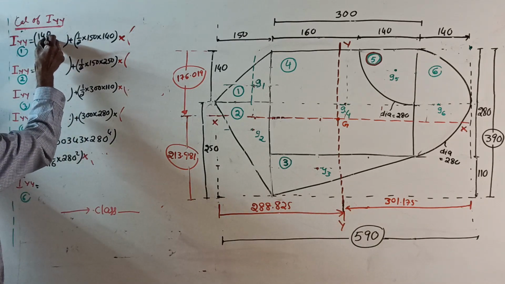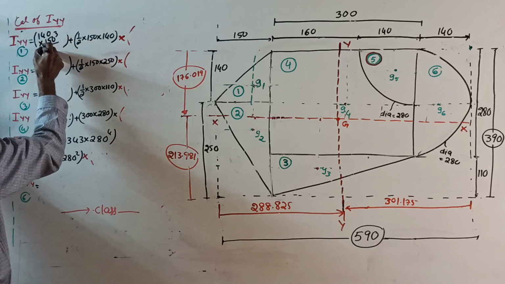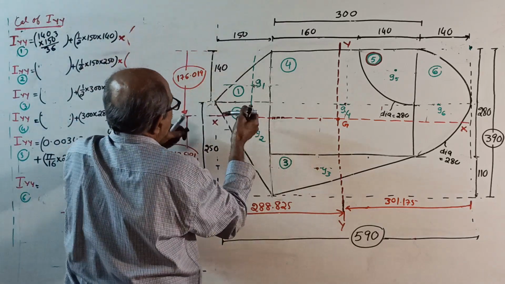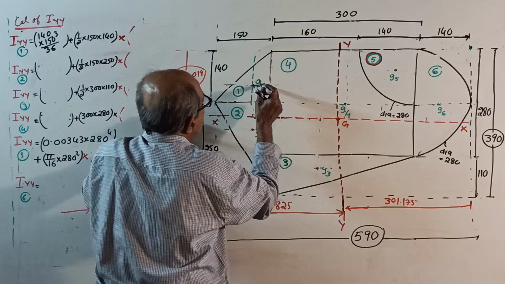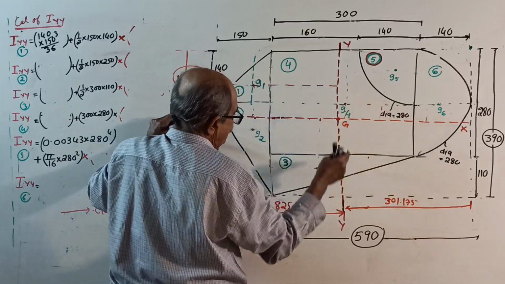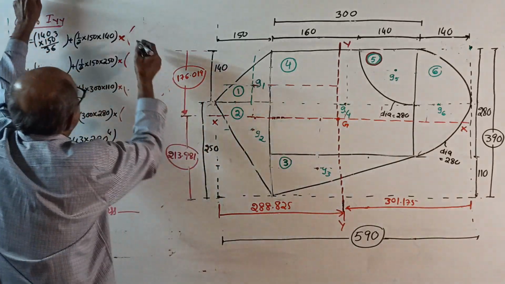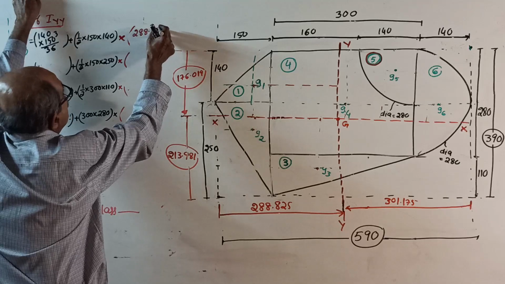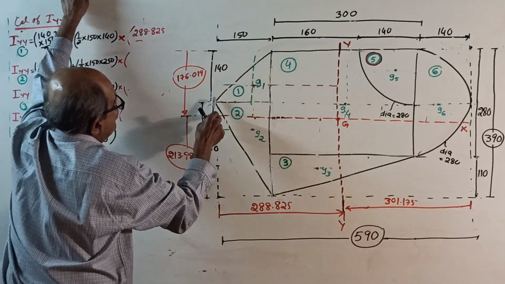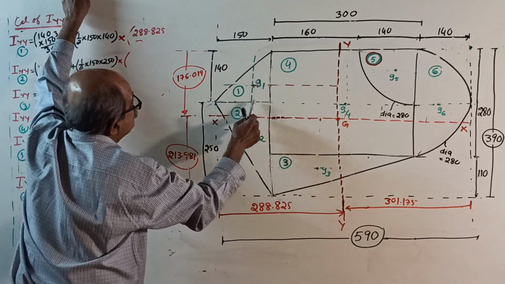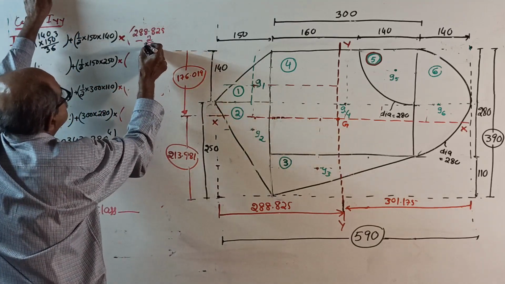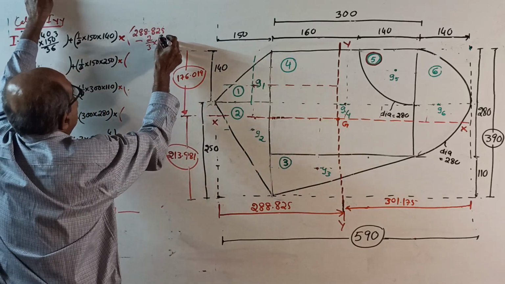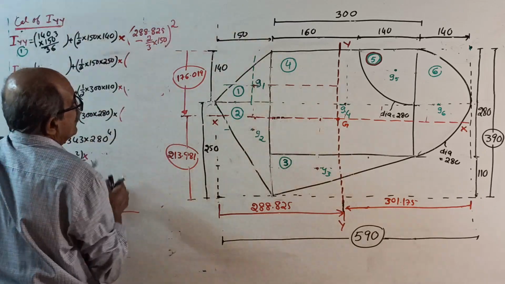Space is not there. 150 cube by 36, plus area into, from centroid G1 to YY, this distance squared, that is 288.825 minus this distance, which is 2/3 of 150, whole square. Okay, over.